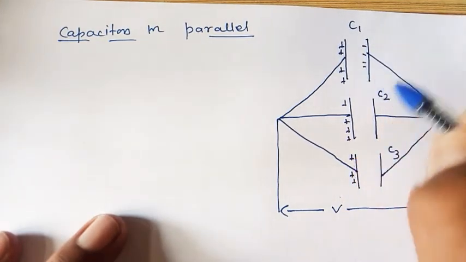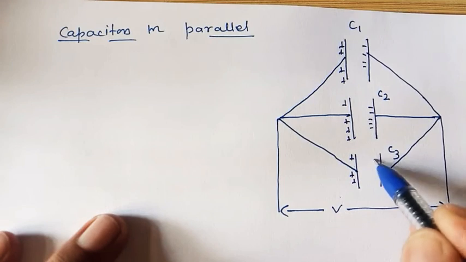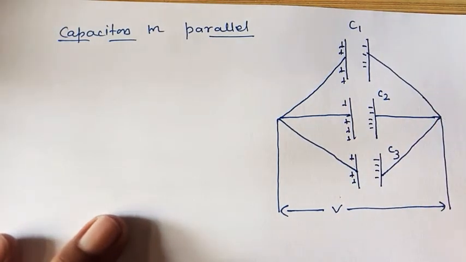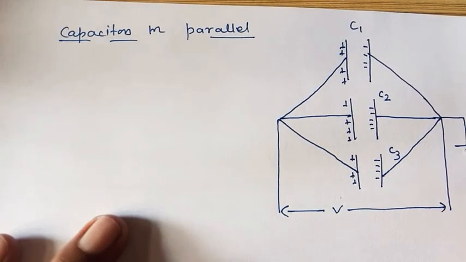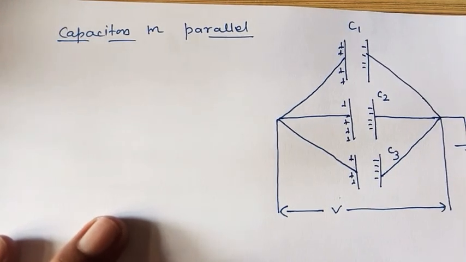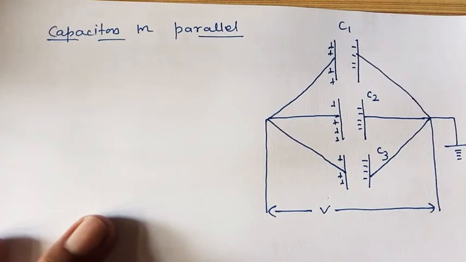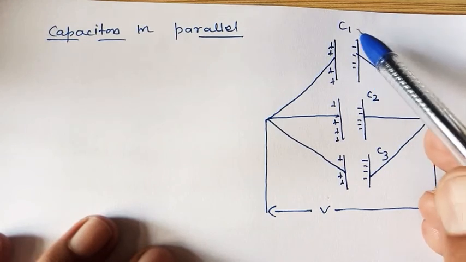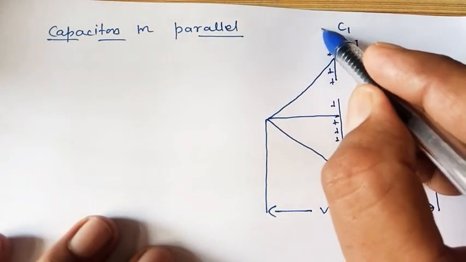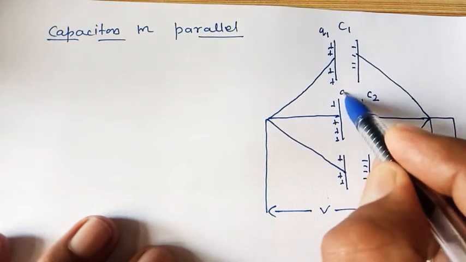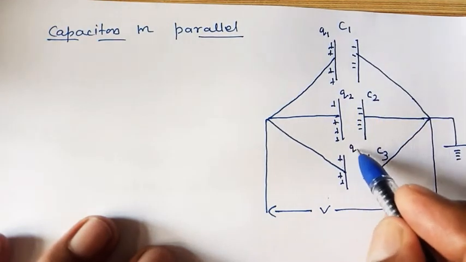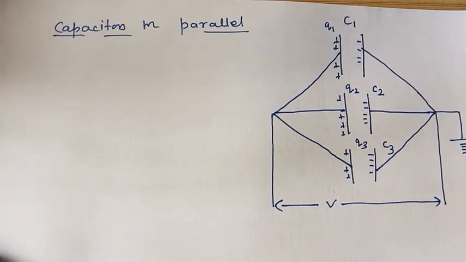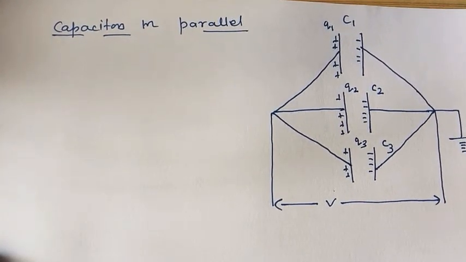It will induce negative charge here. The other plates, you will ground, earth them, so the positive charge will go to earth. As the capacitors are of different capacitances, let this capacitor store charge Q1, this one charge Q2, and here it is charge Q3. In this way you will connect all the capacitors in parallel.